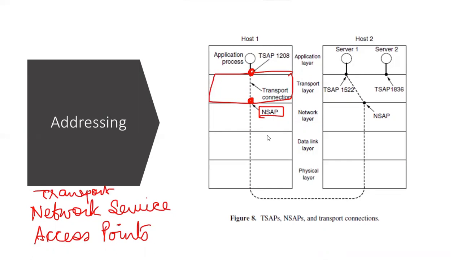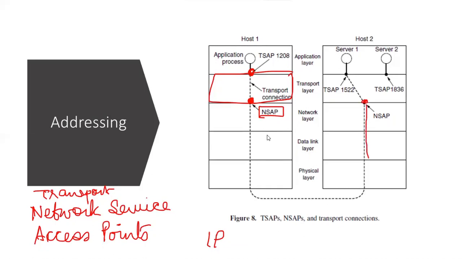Most of the time, a particular host will have a single NSAP, a single network access point, which in practical terms we represent using the IP address. So the device may have a single IP address. Let's consider this destination.